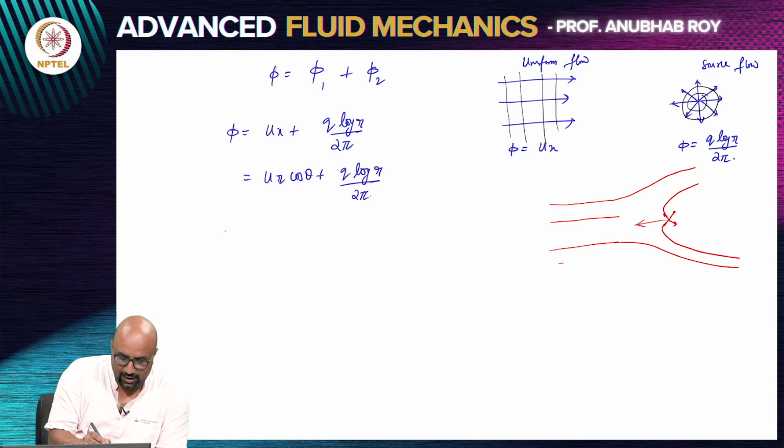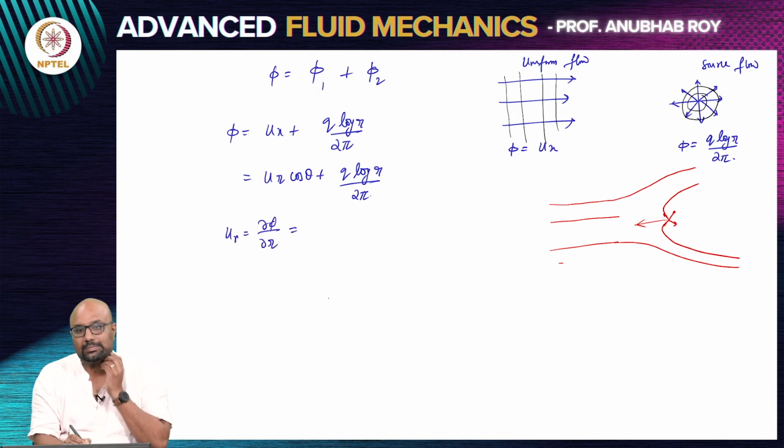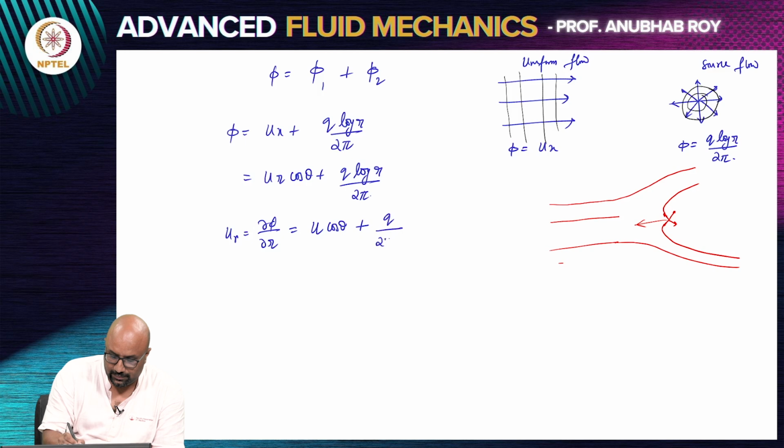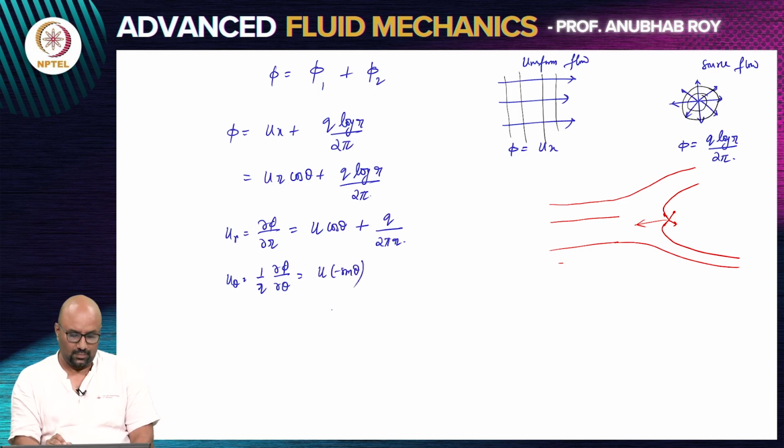Now, what are the velocity field components? u_r is dou phi by dou r, and that gives me u cos theta plus q by 2 pi r. u_theta will be 1 over r dou phi by dou theta, and that turns out to be minus u sin theta. So, I have the u_r component and the u_theta component.